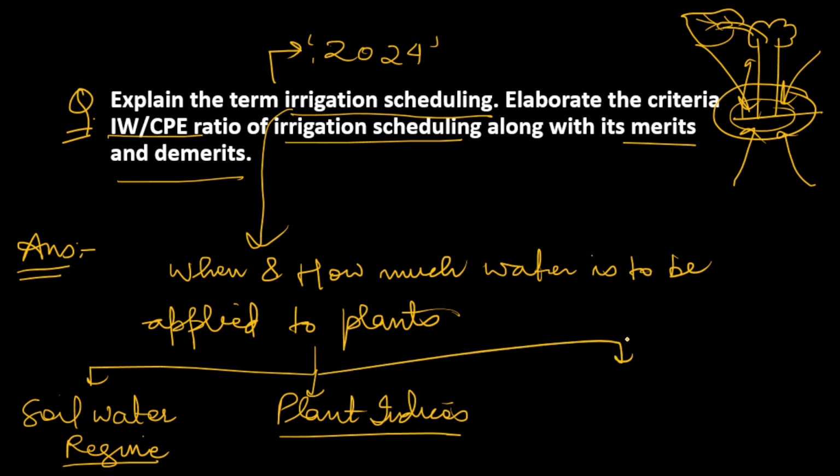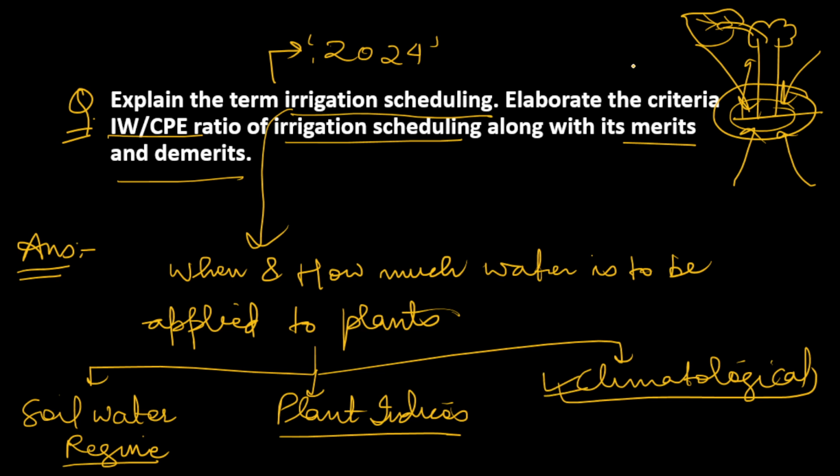Next we have the climatological approach. Here we see the climate: what is the evaporation rate, what are the surroundings, what is the humidity? Everything is seen in the climatological approach.